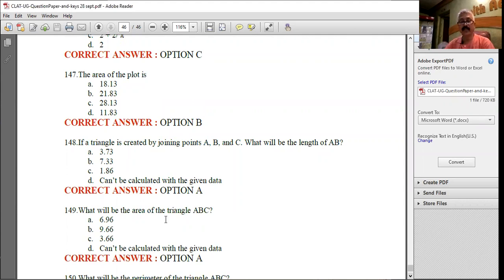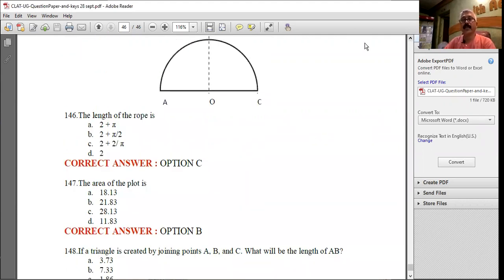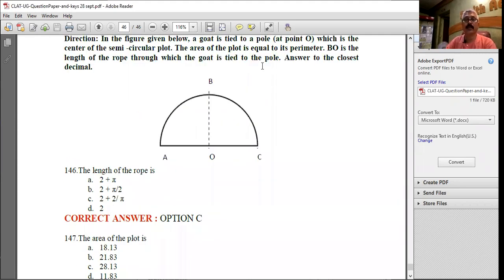What will be the area of the triangle ABC? So area of the triangle ABC, you can take this A, B, C. Okay.